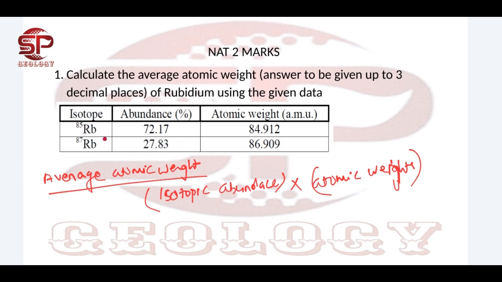For each isotope, we calculate these things and then add them. So the isotopic abundance of rubidium 85 into its atomic weight, then the isotopic abundance of rubidium 87 into its atomic weight, then we add them to get the average atomic weight. Isotopic abundance into atomic weight gives the weight of the isotope. After getting that weight, we just add the weights of the isotopes to get the average atomic weight of the element.